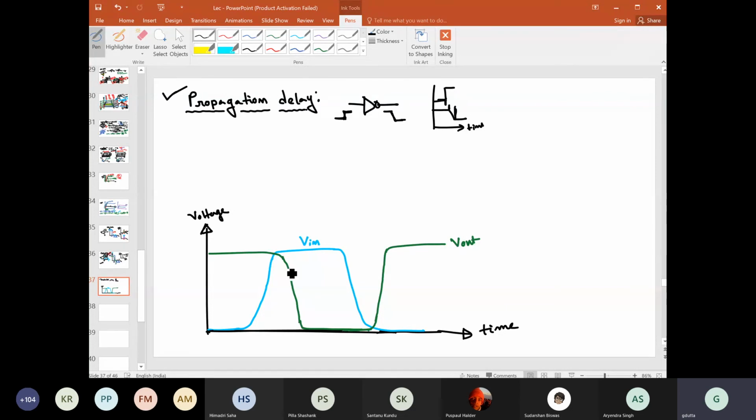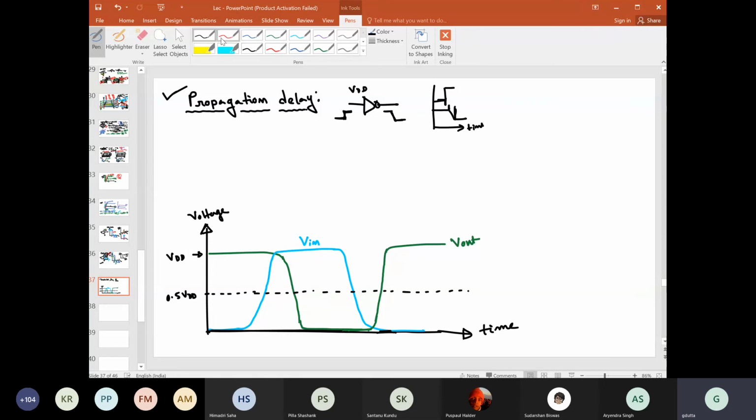Before we go to this part, suppose the supply voltage to this inverter is VDD. Then obviously this level is VDD because this is the voltage level. Now, if we say this point is 50% of VDD, or 0.5 VDD, and we make a dotted line here, then you can see there is a time gap between this input and this output.